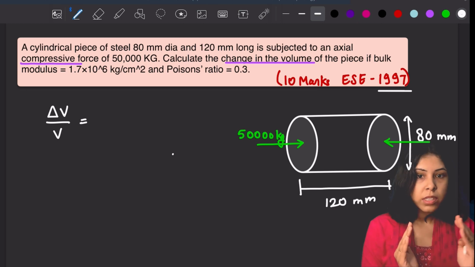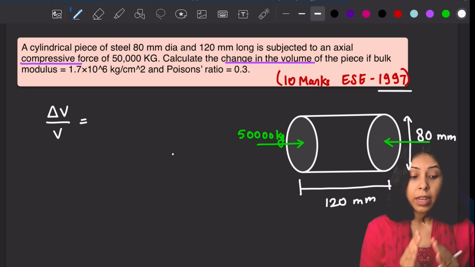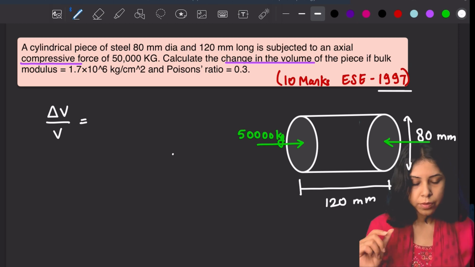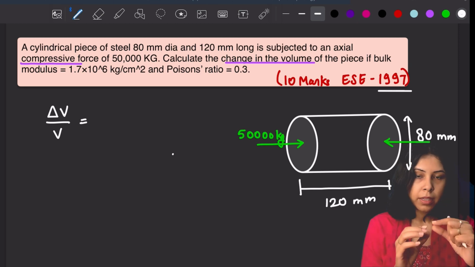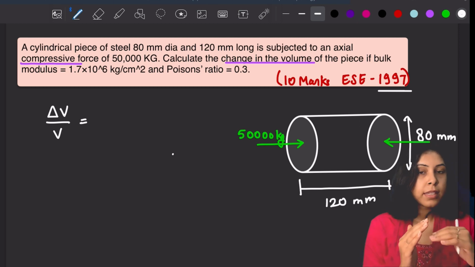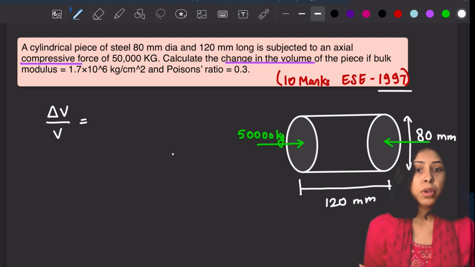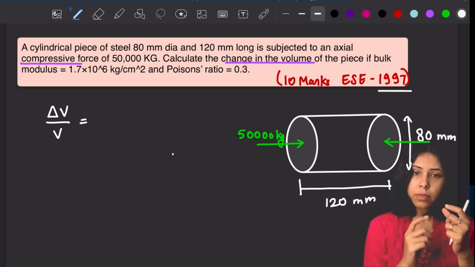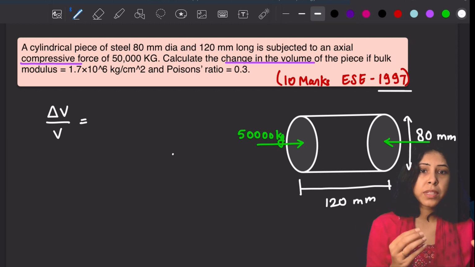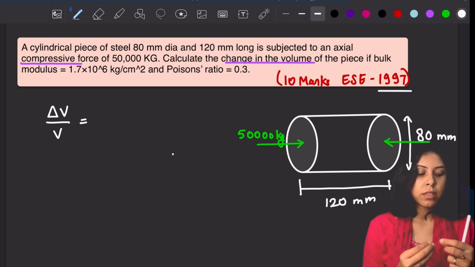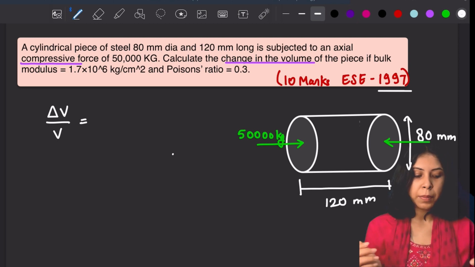If there is a positive change in the x-axis, that means an increment in length, there will be a decrement in the y-axis and z-axis, because the total volume should be the same. That is the concept, but how much the dimensions will change depends on this.